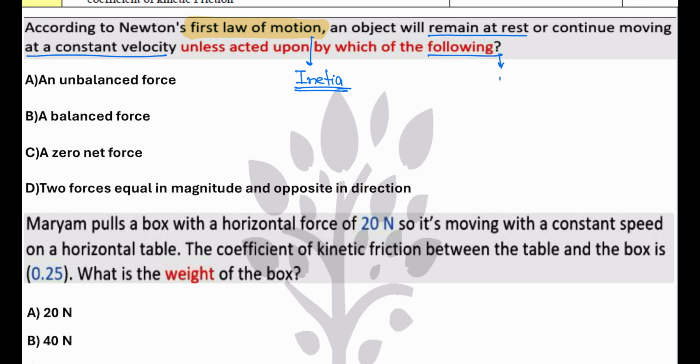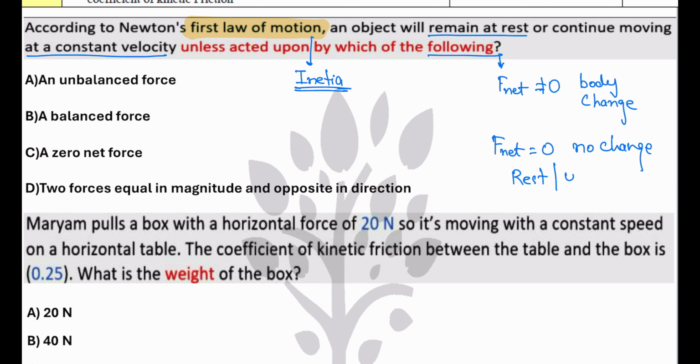Unbalanced forces. If F net is not equal to 0, the body changes. If F net is 0, no change. No change means rest or uniform motion. So unbalanced force. Clear?